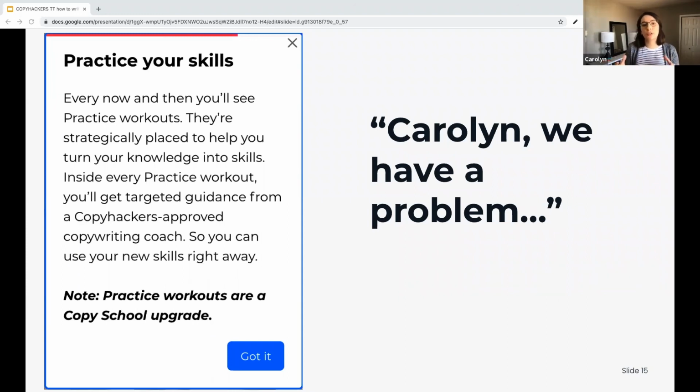Specifically, they were confused about their inability to access practice workouts. Users kept saying things like, oh, I have to move through these lessons to unlock this practice. But that's not actually how the practice works. It's an in-app product upgrade. So with this feedback in mind, I went back to the copy and added messaging to clarify that aspect up front. So you can see that now at the bottom of this modal.